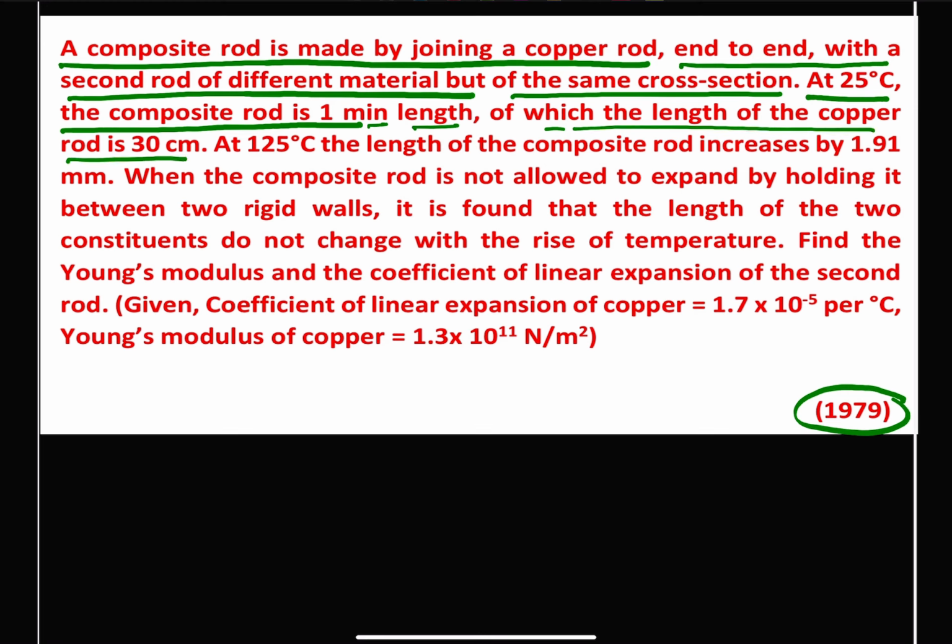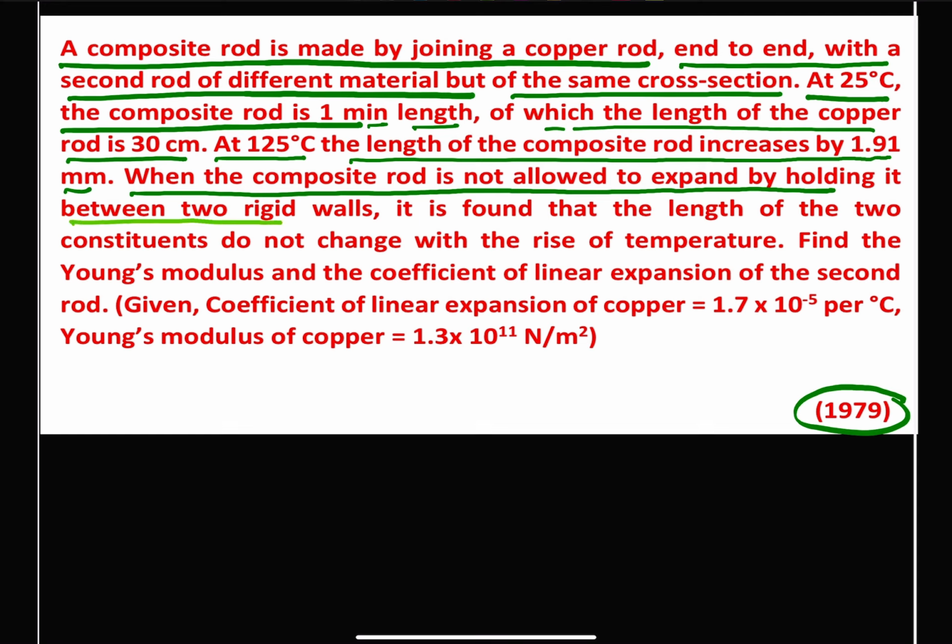At 125 degrees centigrade, the length of the composite rod increases by 1.91 millimeter. When the composite rod is not allowed to expand by holding it between two rigid walls, it is found that the length of the two constituents do not change with the rise of the temperature.